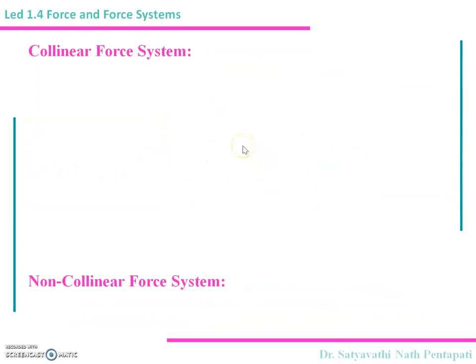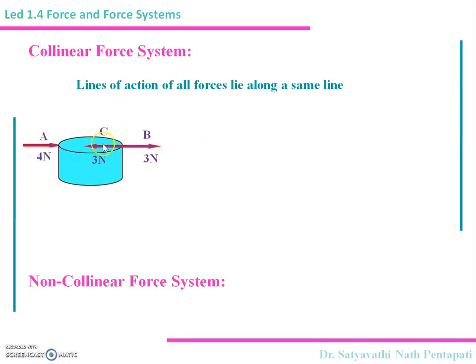Now the next classification is collinear and non-collinear force systems. In a collinear force system, the lines of action of the forces must be along a single line. The directions may be different. They may be opposite to each other, or all in the same direction, but they act along the same line of action.